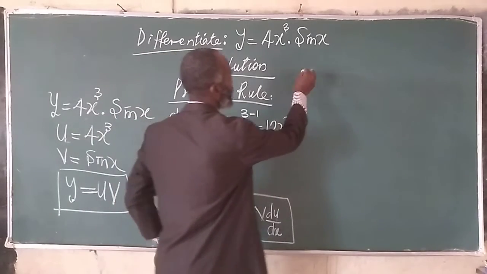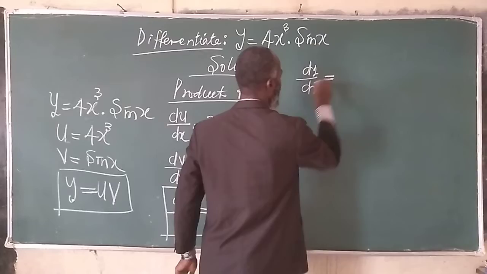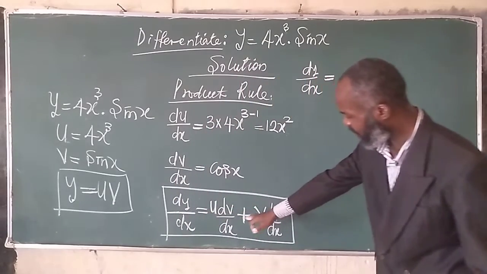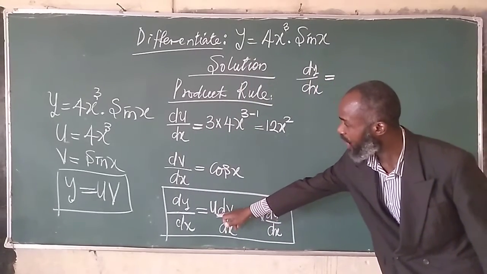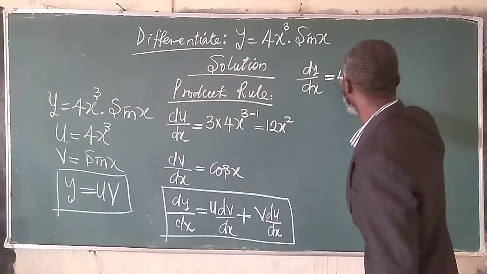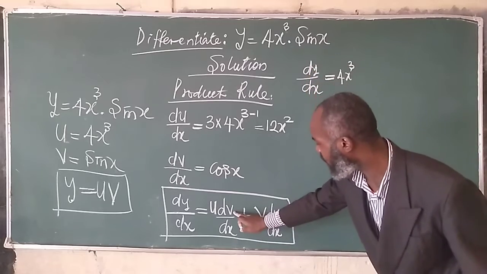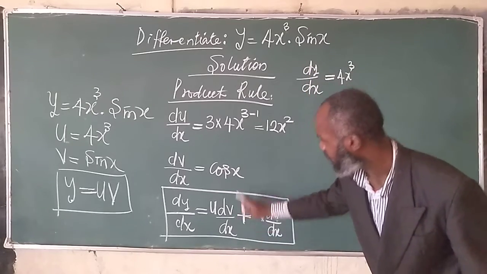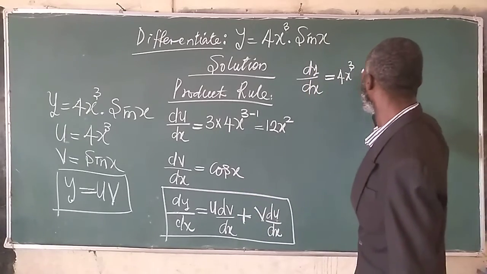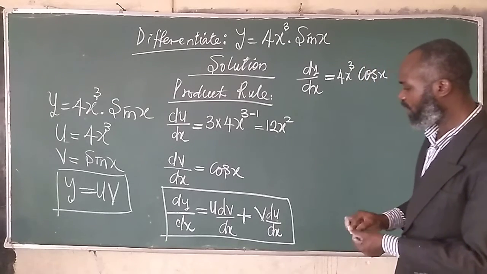We continue with dy dx is equal to, watch this. Where is our u? Look at it. 4x cubed. Then where is our dv dx? cos x. Good. So we move on again.